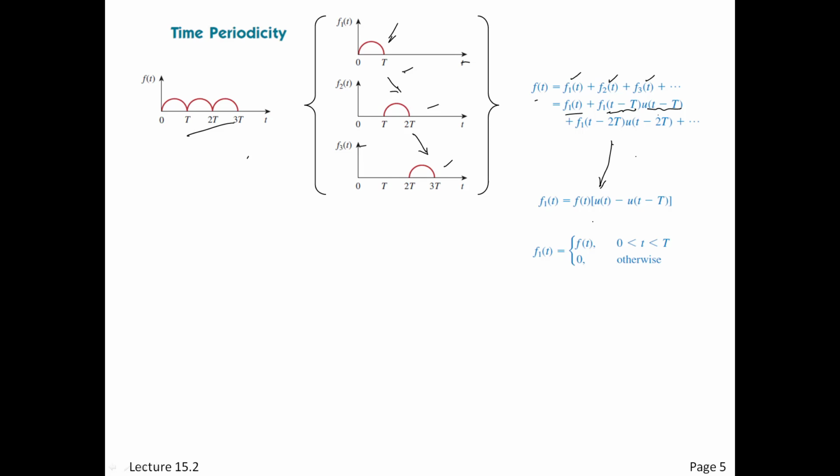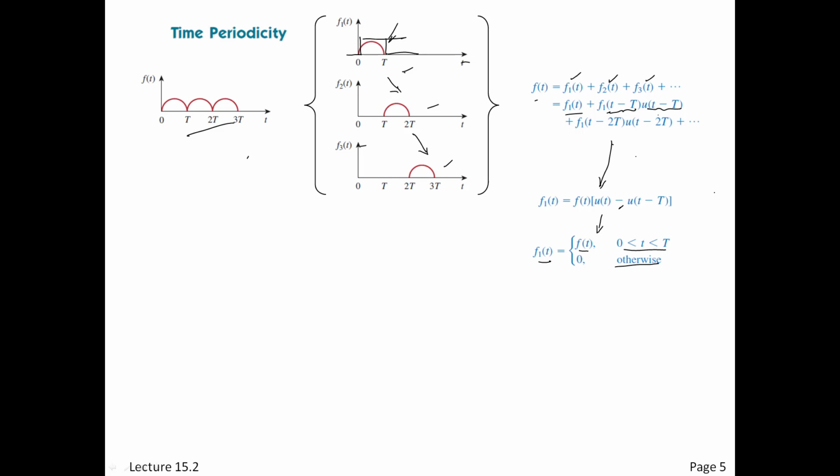In other words, this is just expressing that f1 of t is f of t over this integral and 0 otherwise. See, so we took this and made a turn-on function, and then a turn-off function by just subtracting it. That's what's going on there.